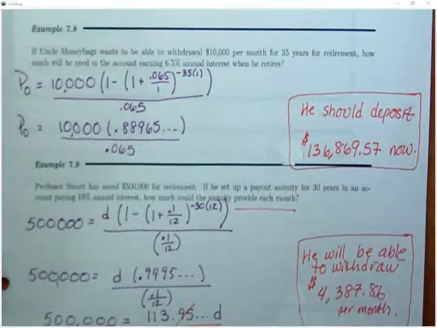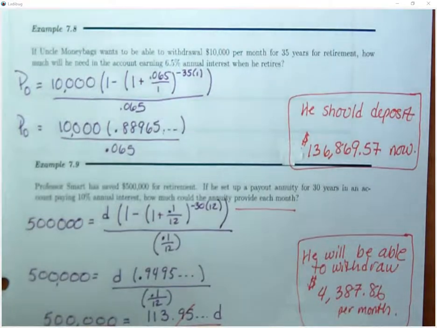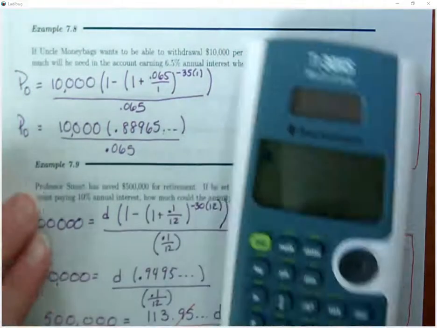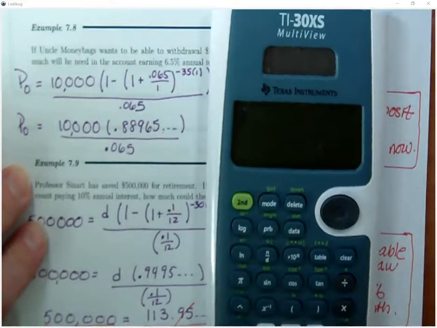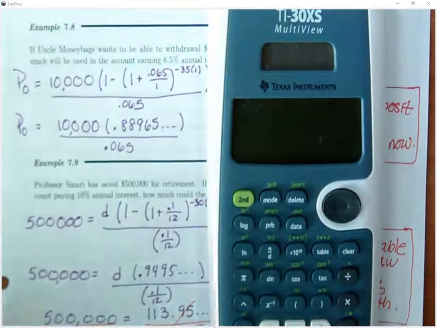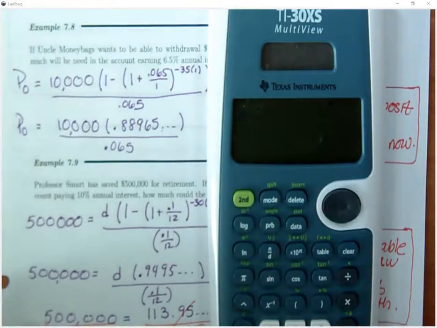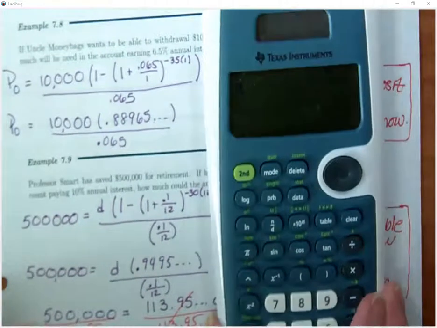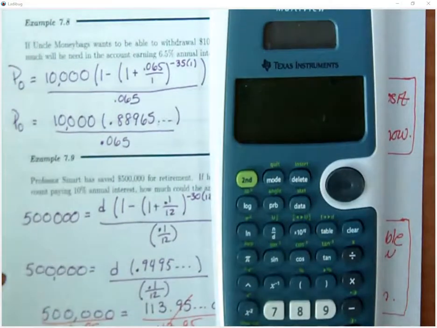Okay, so here are the answers all done out for you. What I did for this first one is I typed in 0.065 plus 1, divided by 1, which we don't need to worry about.